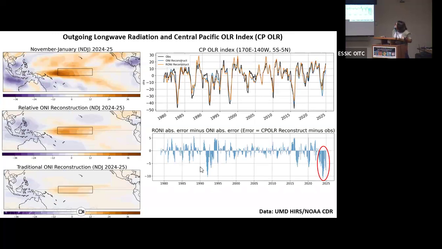And so what this is saying is the relative index was doing a better job. And I wonder to what extent the Pinatubo eruption may have influenced the traditional values to the point where the relative was actually capturing ENSO variability better. But I don't know OLR data, so I'm going to give that to you guys.